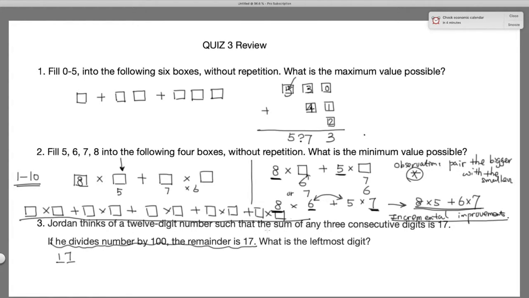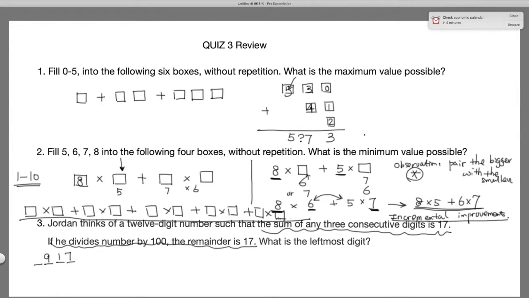And then using the fact that the sum of any 3 consecutive digits is 17, by working backward, the hundreds digit is going to be something such that adding 1 and 7 gives 17. And clearly this can be 9. And what is the thousands digit?